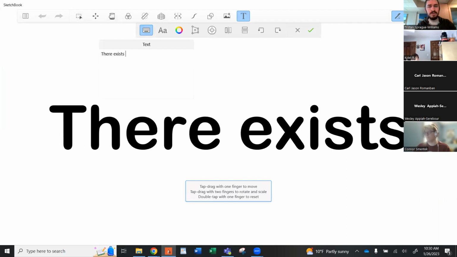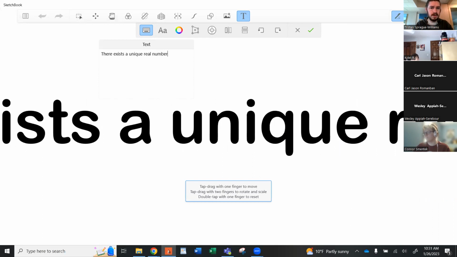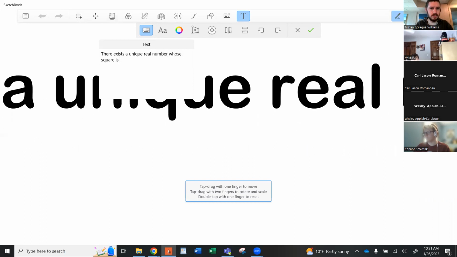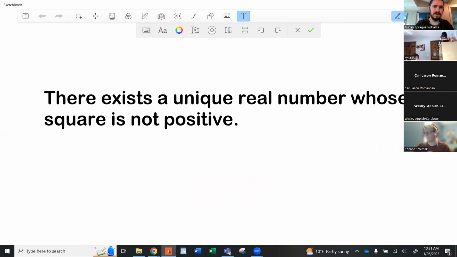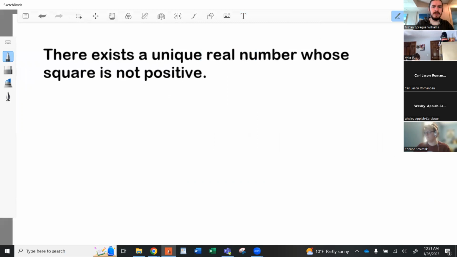But the way it was written on the paper I handed out to you guys says there exists a unique real number whose square is not positive. Let's talk about that uniqueness.